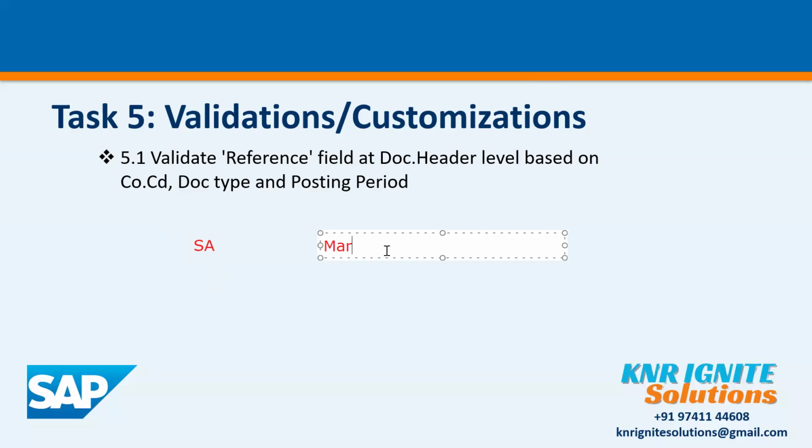Otherwise, consider the March month or the current month always. So this is the minimum criteria that I want you to test. Whenever you get into the system, pick your company code, choose the SA document type, and go with the current posting period. In this case, it is March, right?